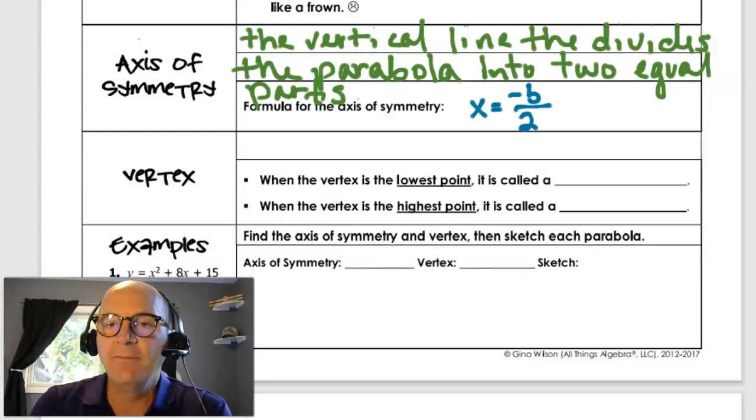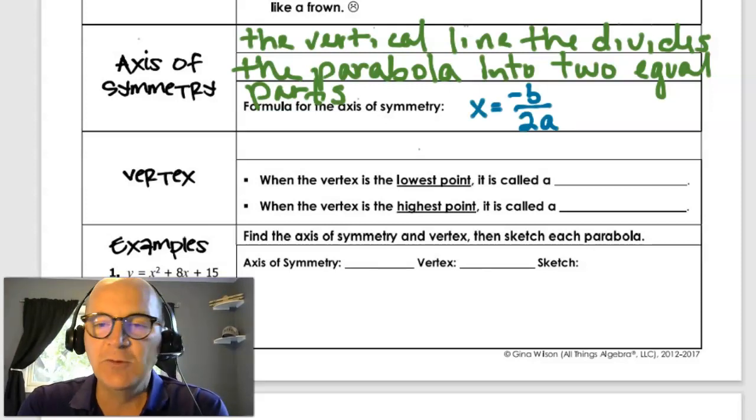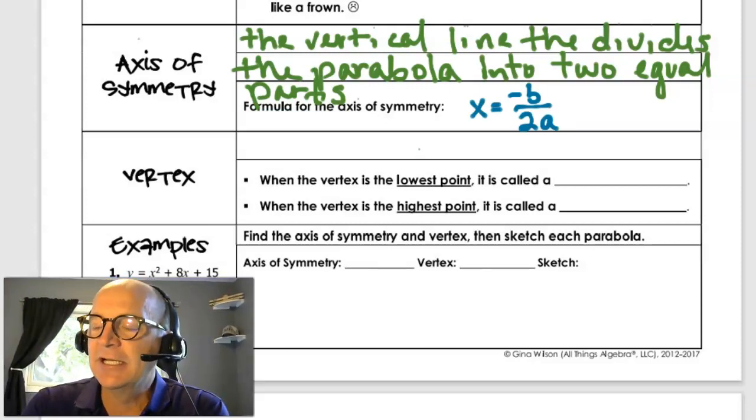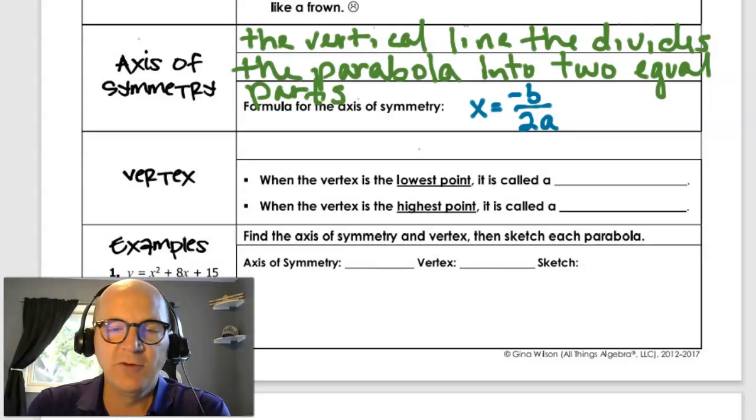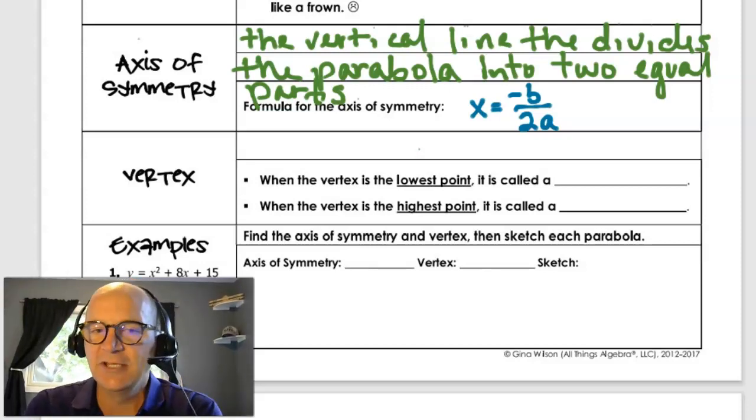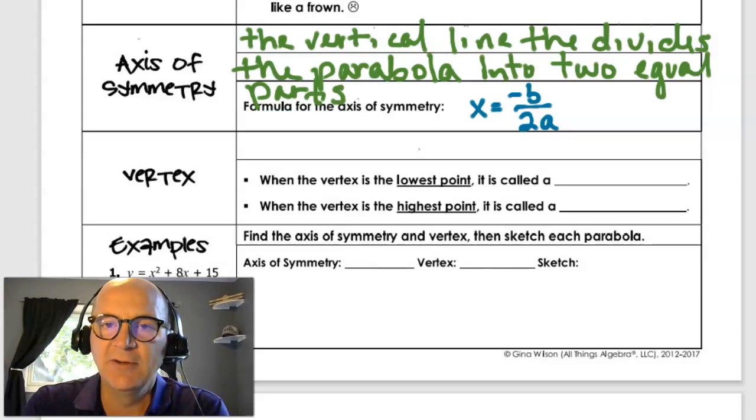What we can use is the coefficient of the second term, which we're going to refer to as b. It's the opposite of whatever the coefficient is for b, divided by 2 times a. Sometimes we'll say that's negative b over 2a. That probably sounds familiar in some contexts.